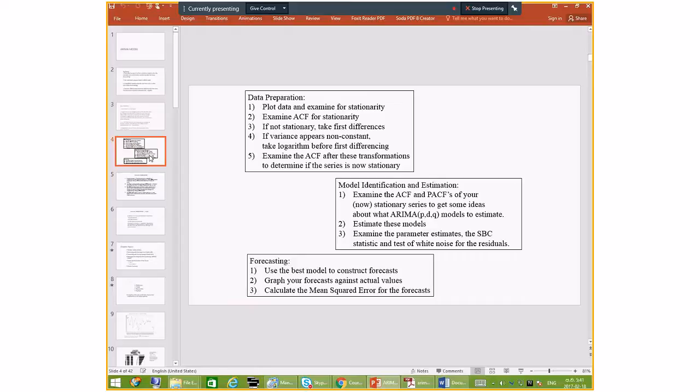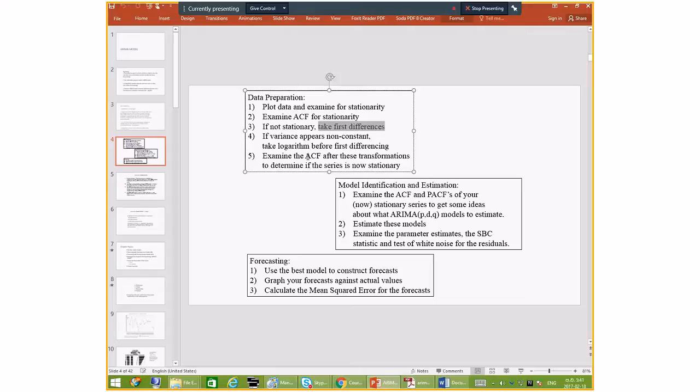That means examine the autocorrelation function for stationarity. If not stationary, take first differences of the series. Then examine the autocorrelation function again after these transformations.